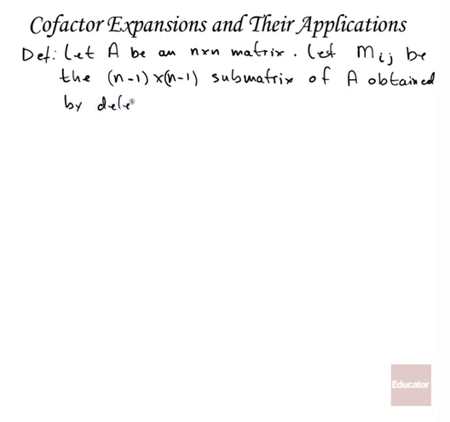Now let's see, so let A be an n by n matrix, let M sub ij be the n minus 1 by n minus 1 submatrix of A obtained by deleting the ith row and the jth column.